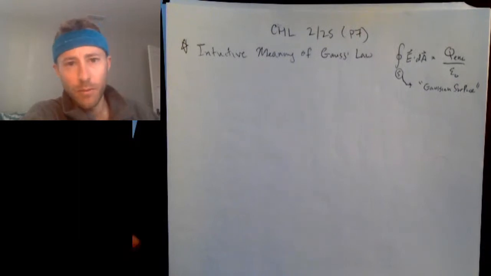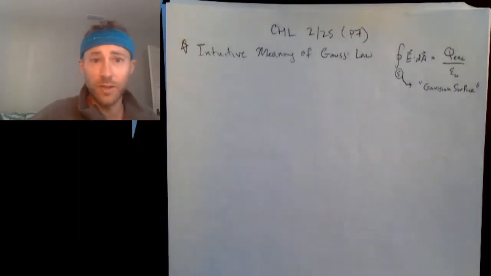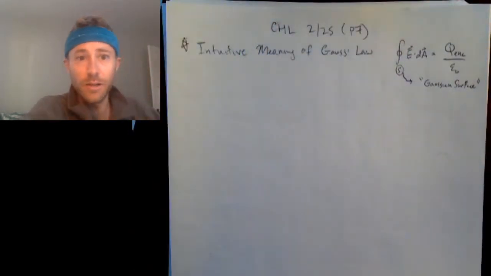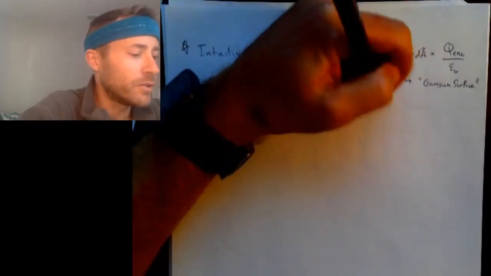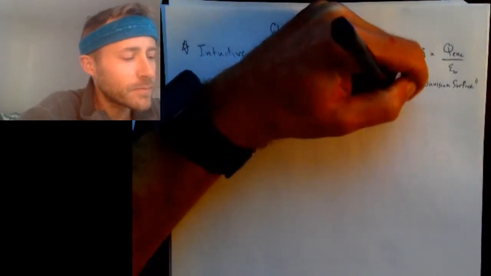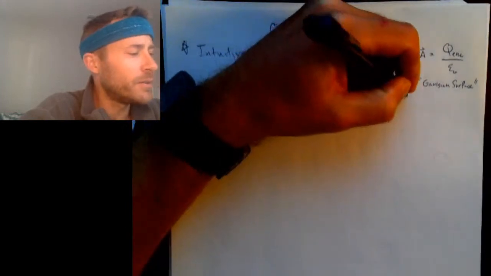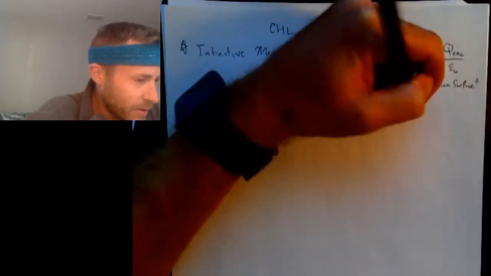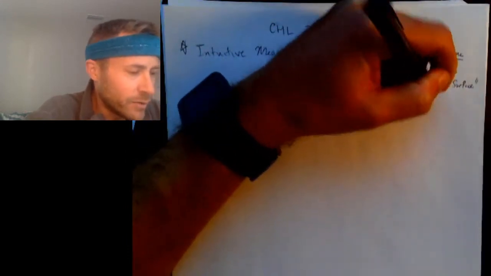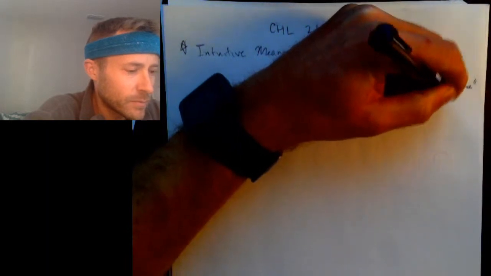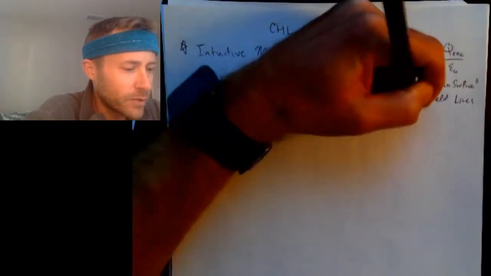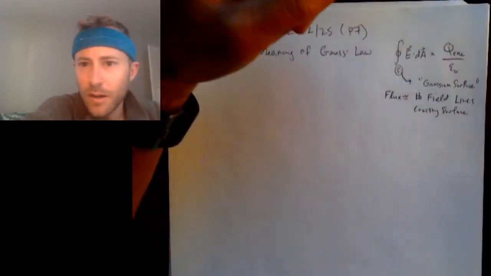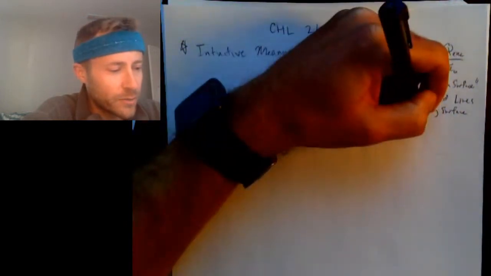If we want to understand what Gauss's law is saying, we have to know the intuitive meaning of flux. It turns out that flux is basically counting the number of field lines crossing the surface, and it's doing that with signs.